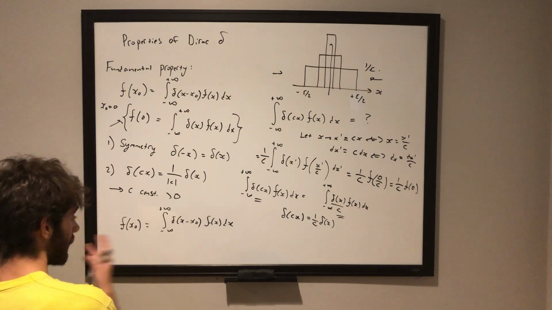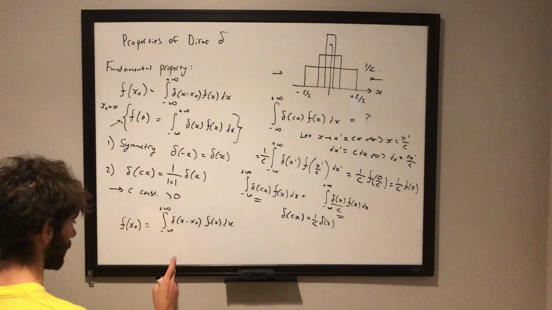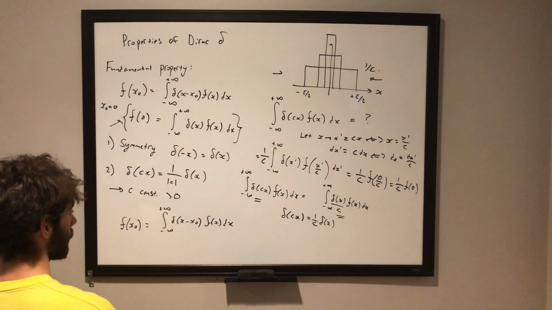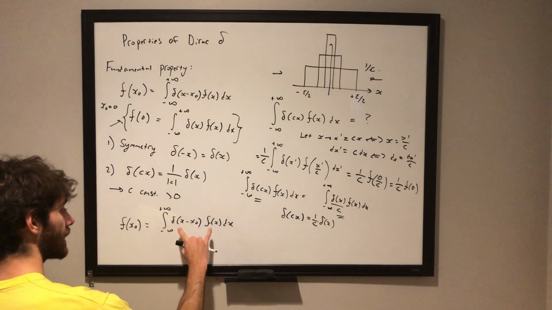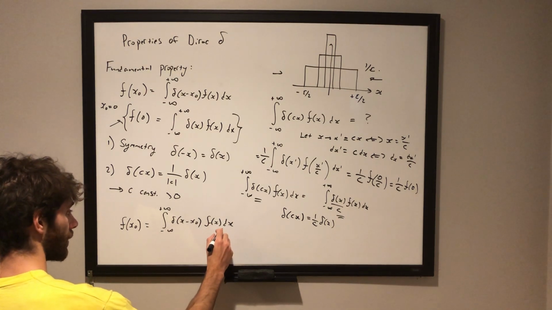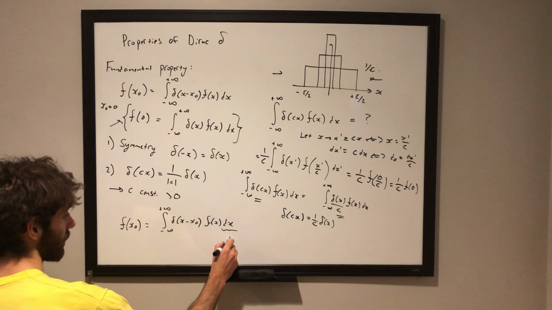We have some function f, it has some units, maybe it's temperature, maybe it's pressure. Whatever the units of f happen to be, upon doing this integral we pick up an extra factor of dx here. So this has dimensions of length.